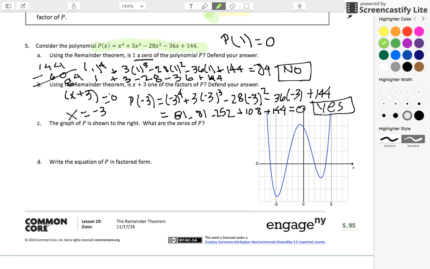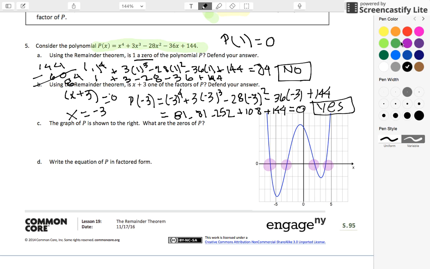We look at our x-axis, and I'm going to use a different color, to see what the zeros are. We have a zero here, a zero there, and a zero here, and a zero right there.